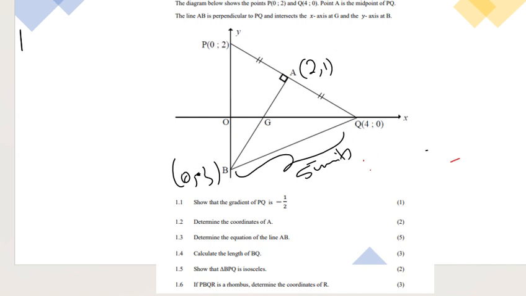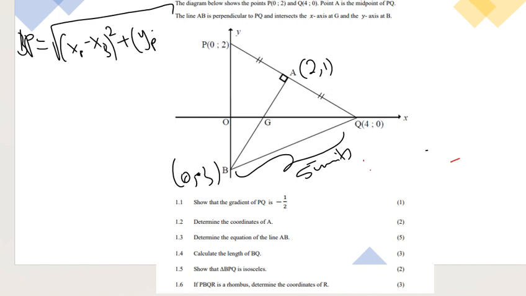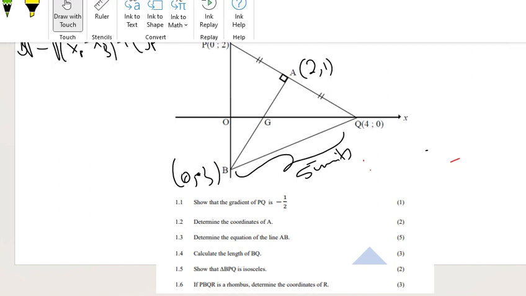The length BP is equal to xp minus xb squared plus yp minus yb squared. Let me do this.